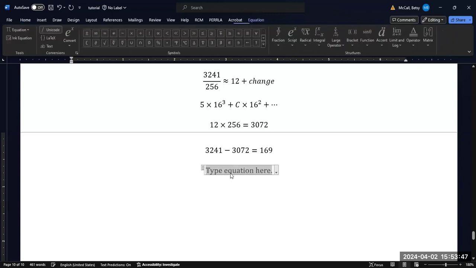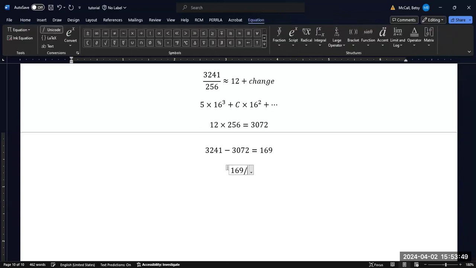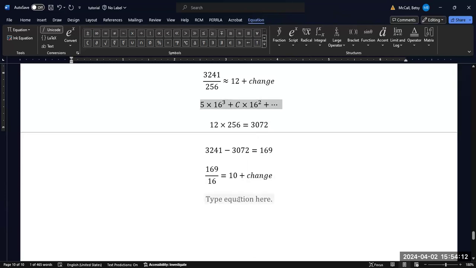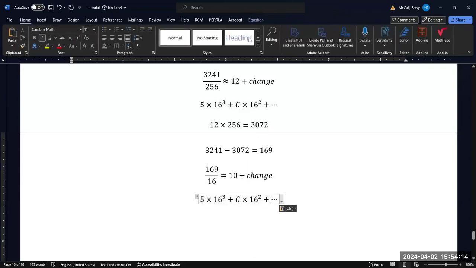So now I'm going to repeat my process again. 169 divided by my next digit, which is 16. That's going to give me 10 times 16 to the 1 and change. So now my number, 10, remember, is A times 16 to the 1.